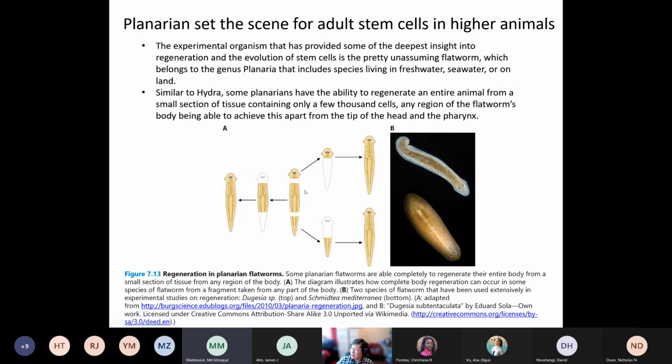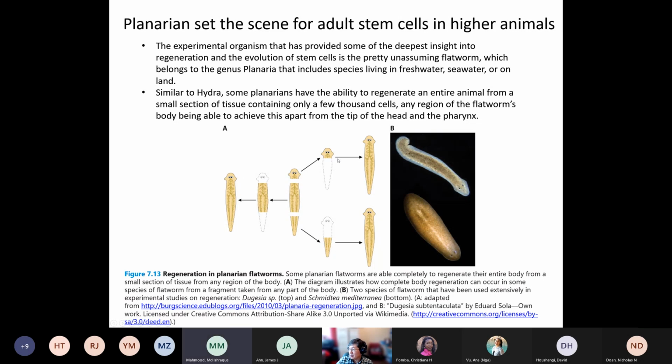Yeah, as shown here, can you see my mouse? You can see that the individual gets cut into three pieces. The middle part, as shown here, will regrow the head and also regrow the tail. Therefore, that middle part becomes a new individual.